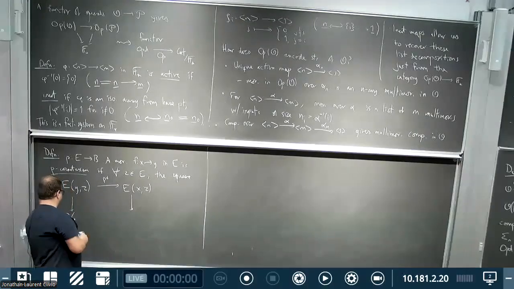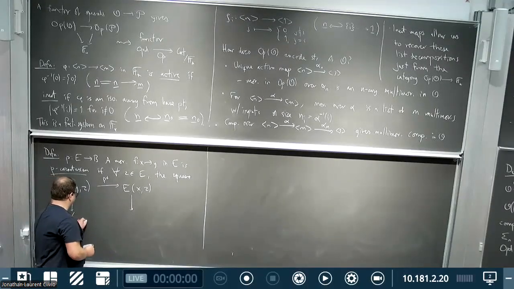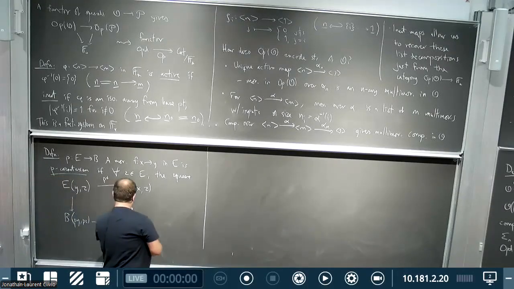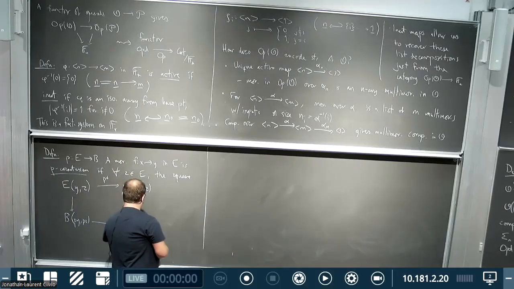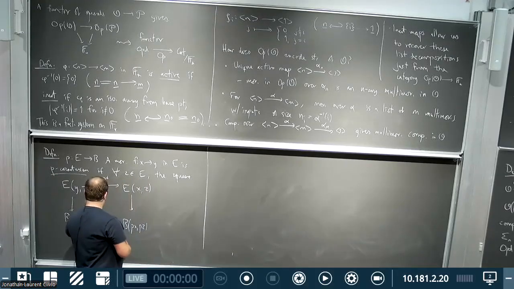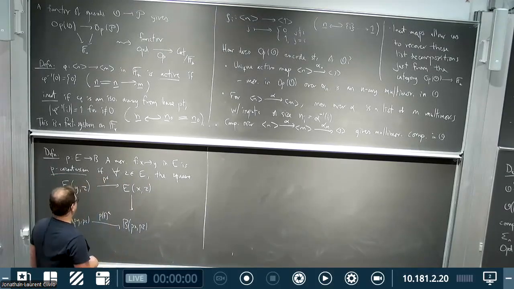Using my functor P, I have Py to Pz and Px to Pz, the composition with Pf. This is supposed to be a pullback.